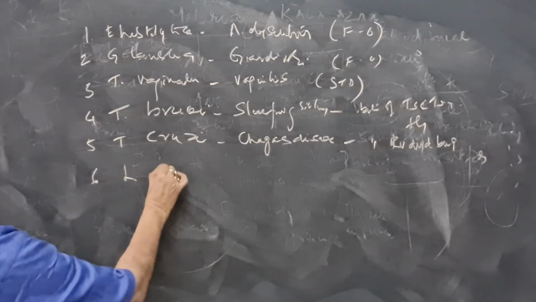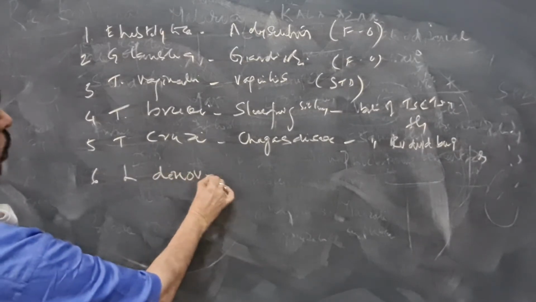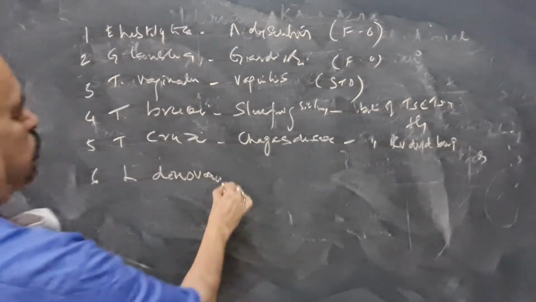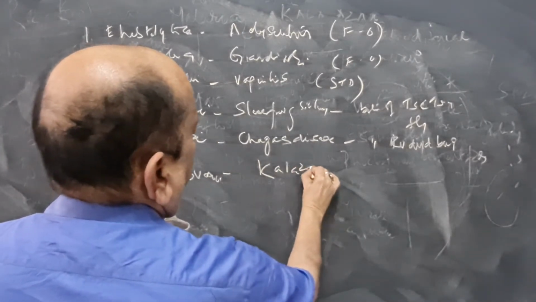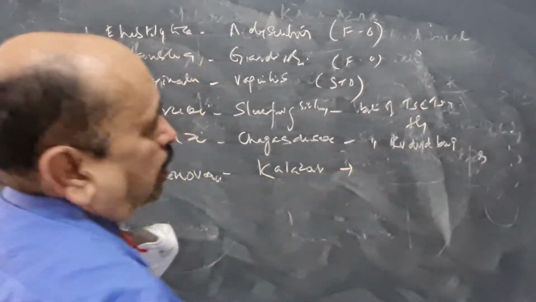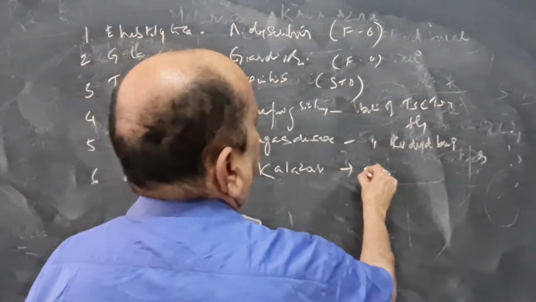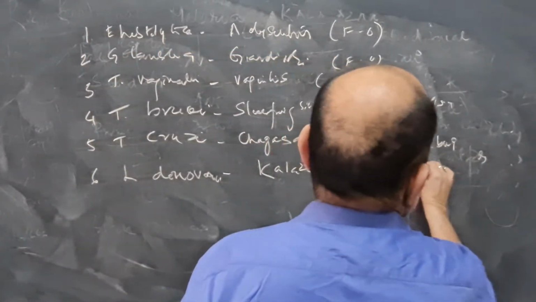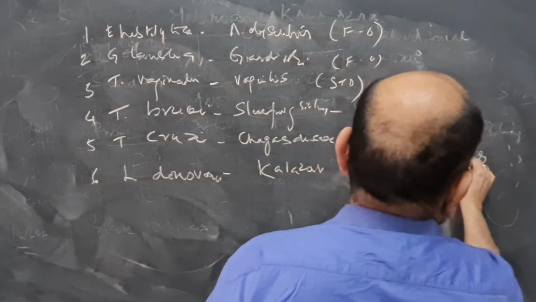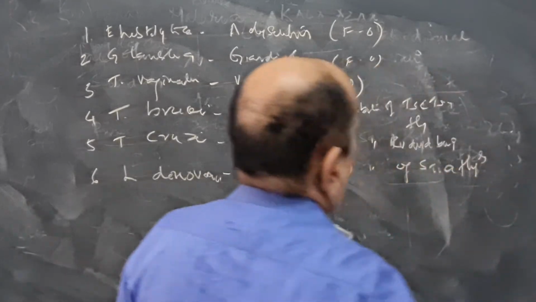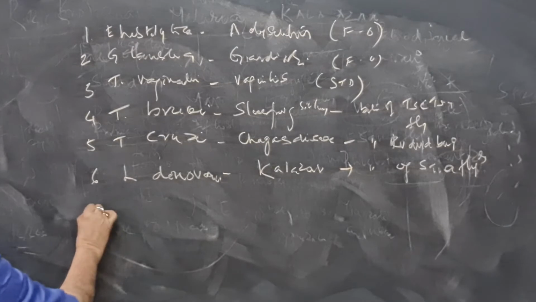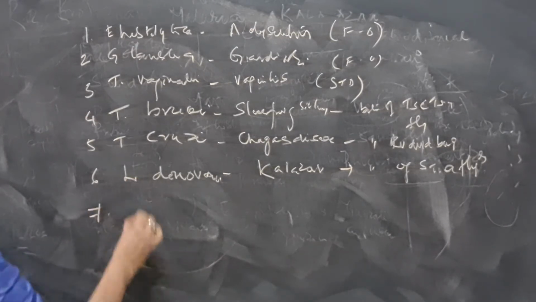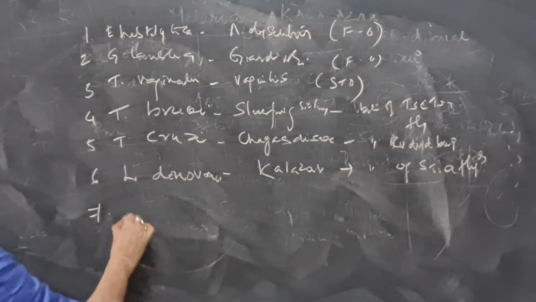Next is Leishmania donovani. It gives rise to kala-azar, again by the bite of the sandfly. Seventh, malaria.